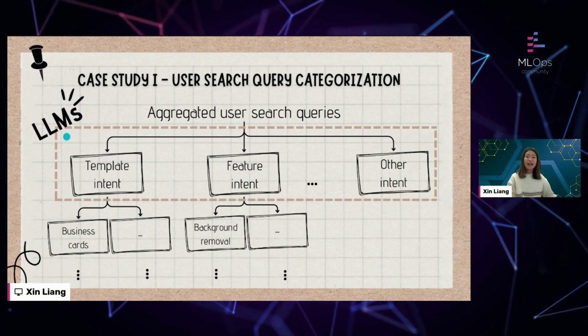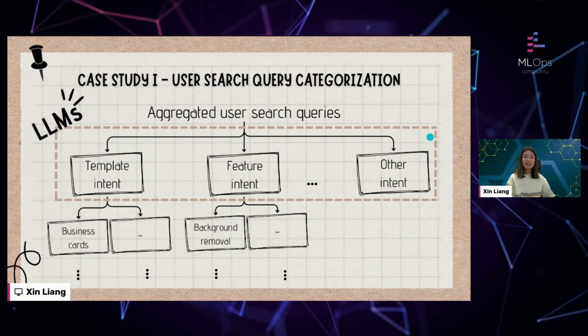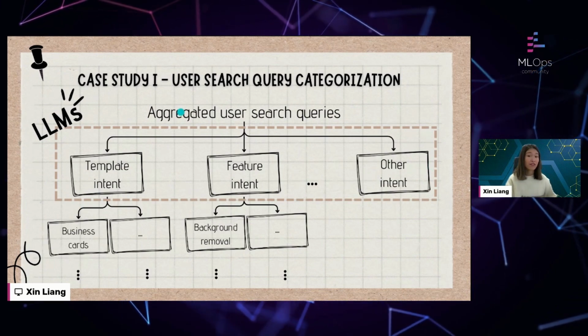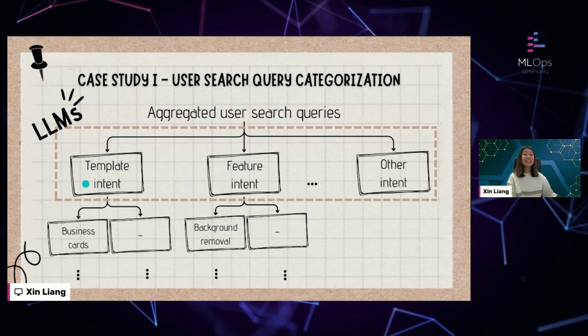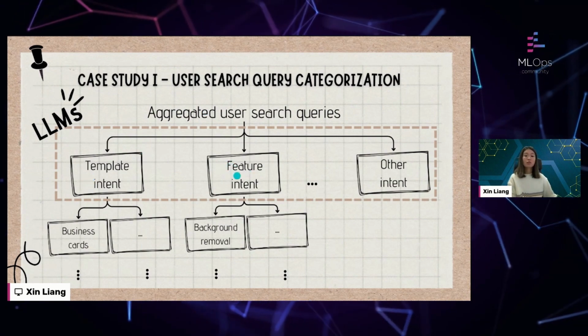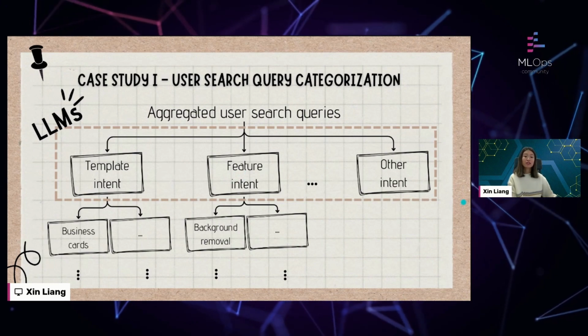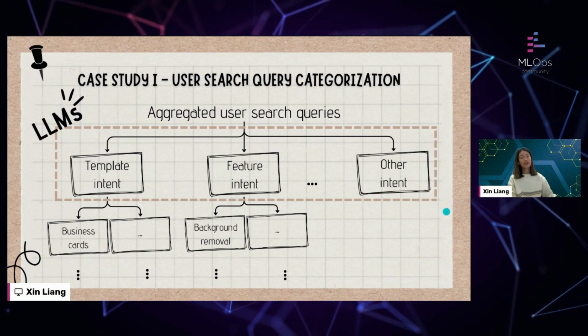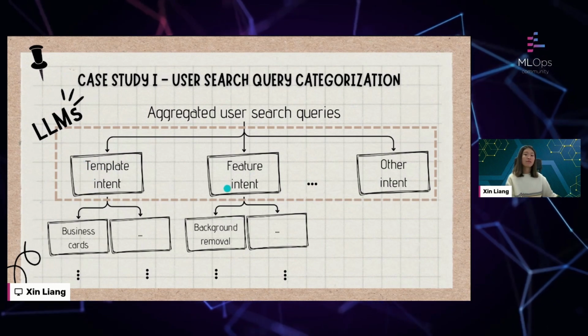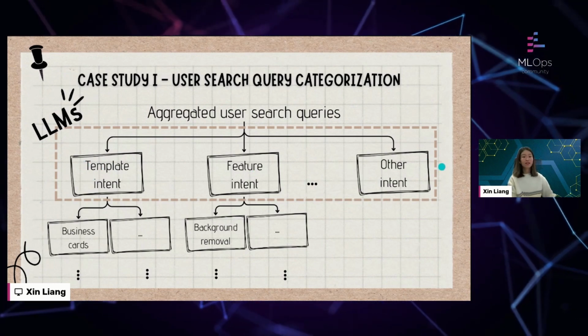For example, an intent classification is needed at the first layer to classify aggregated queries into different intents. Intent in this context is about what type of content users are searching for in our architecture. For example, some users search queries about templates, some about features, and then the others.